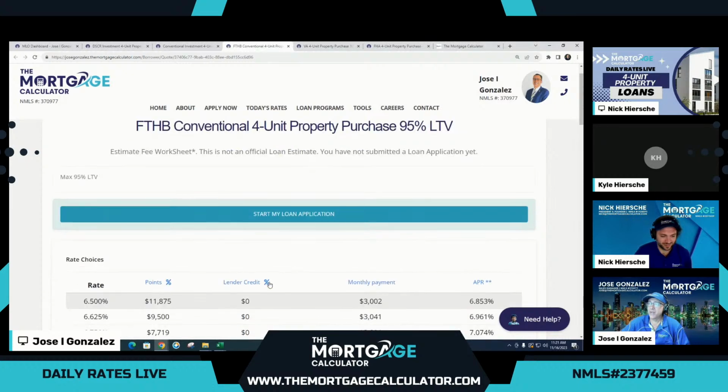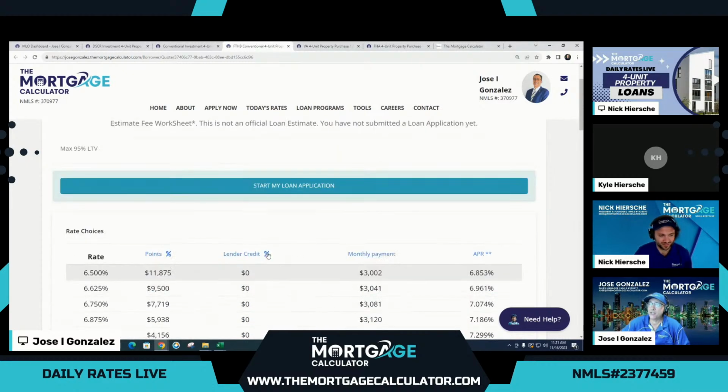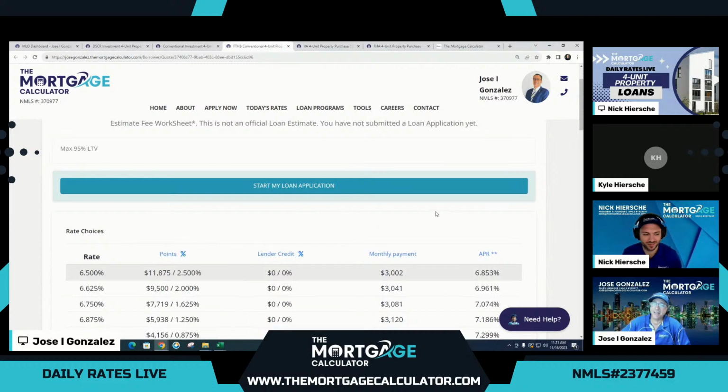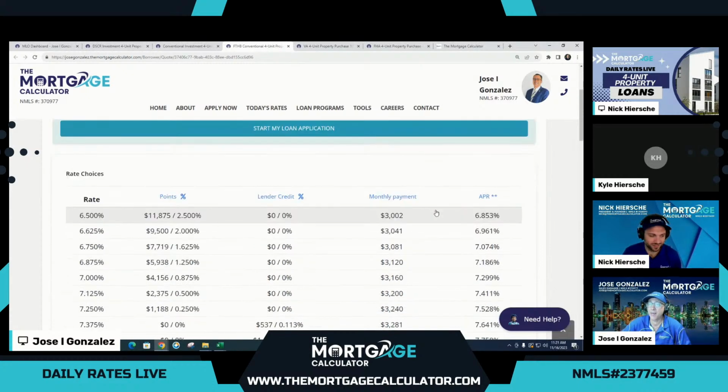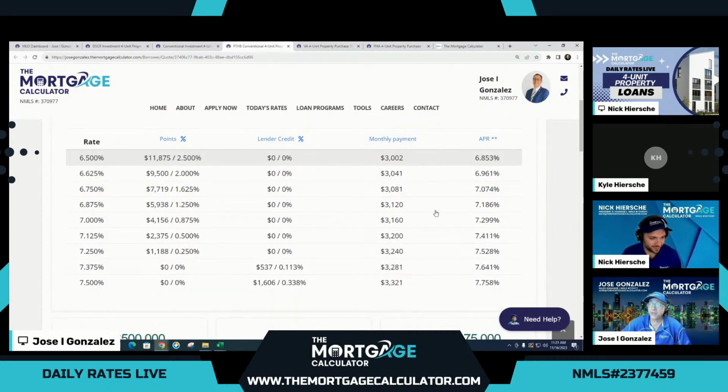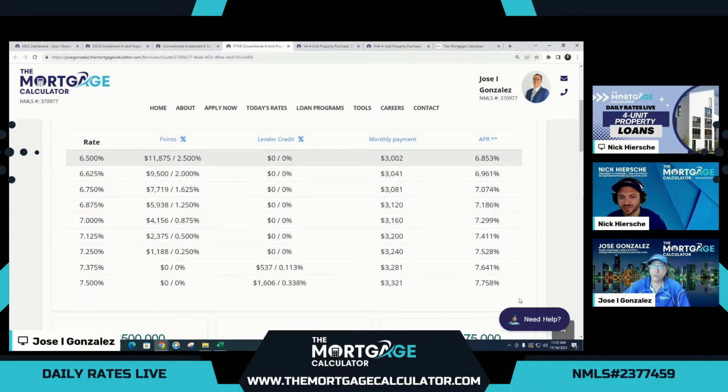Now we have our first-time home buyer 97% LTV option. Obviously, these are all primary homes. And you see, again, I'm highlighting the lender credit rate there, 7.5 with $1,606 lender credit. And you can buy that down to 6.5%.